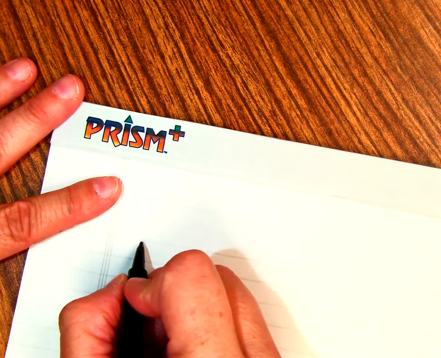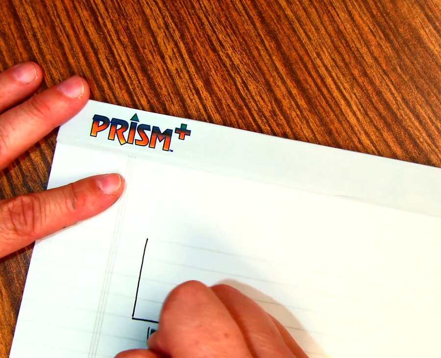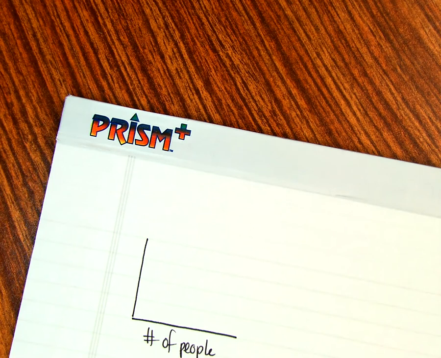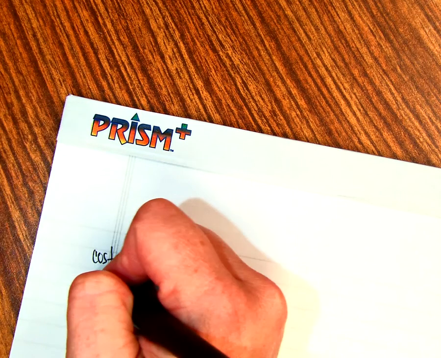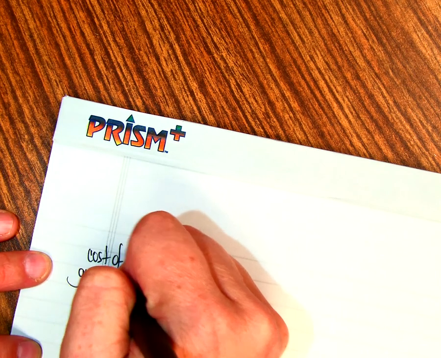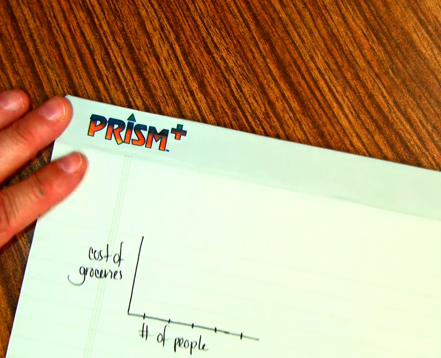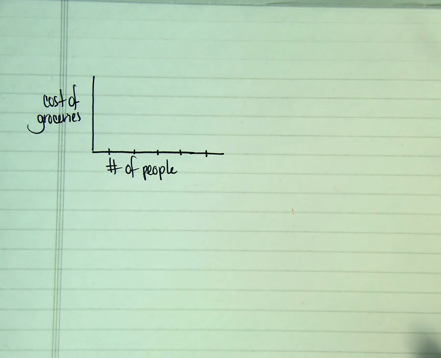Now, in real life situations, if we are graphing and we are talking about the number of people and the cost of groceries, we kind of assume that the more people that we have in a household, probably going to increase the cost of our groceries.